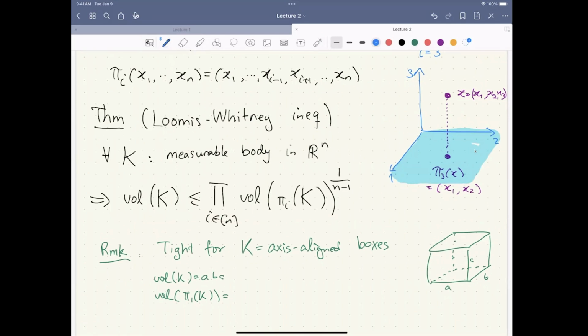This is pi_1 of K, which is A times C, okay?